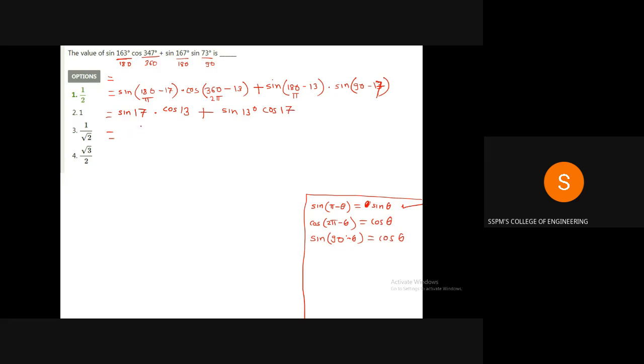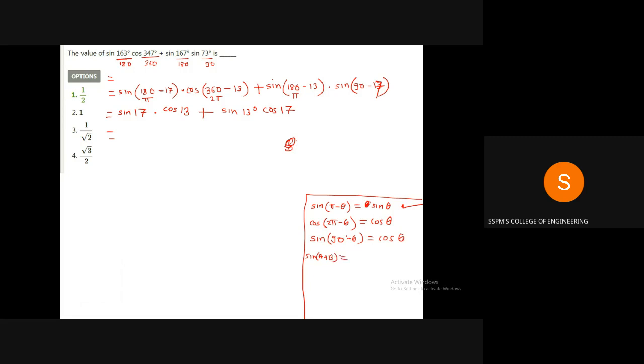So we get sin 17 into cos 13 plus sin 13 into cos 17. What is the formula for sin a plus b?